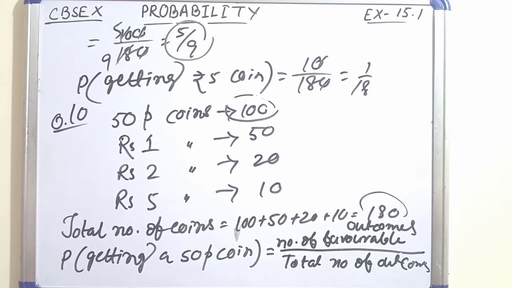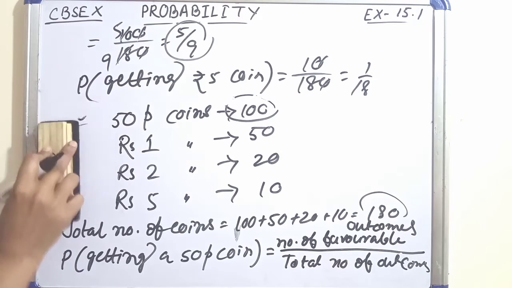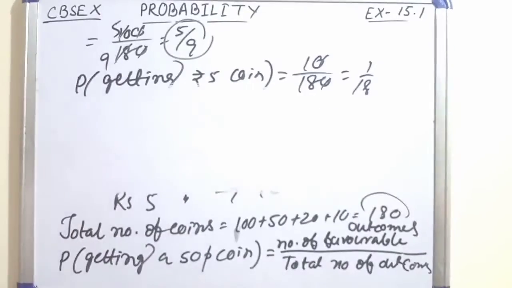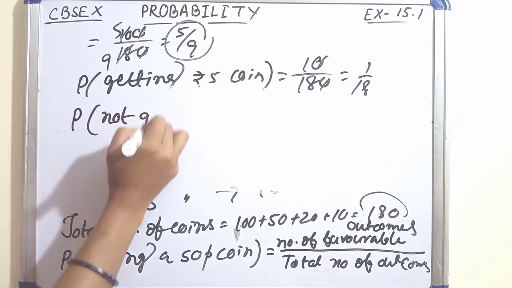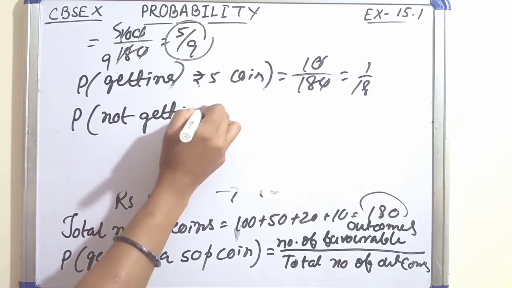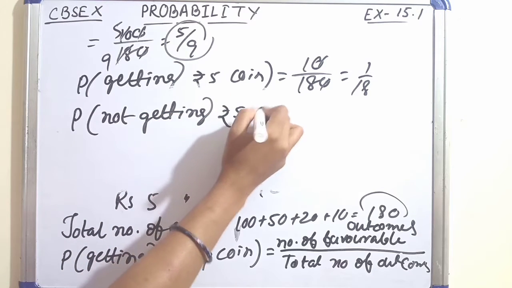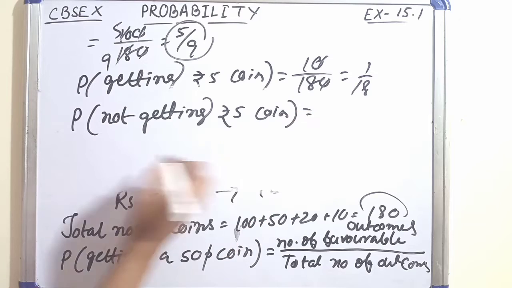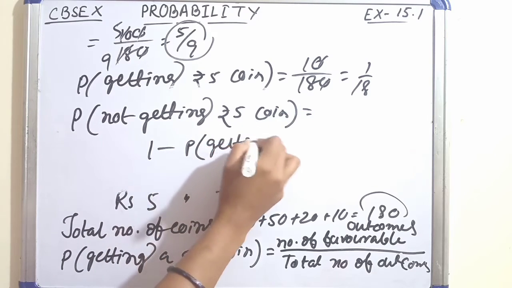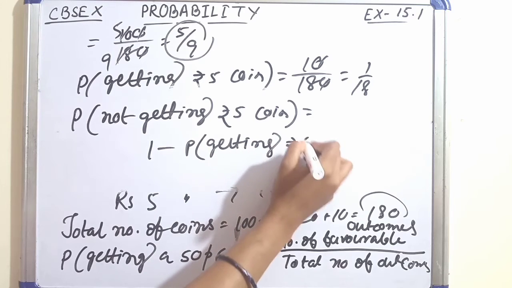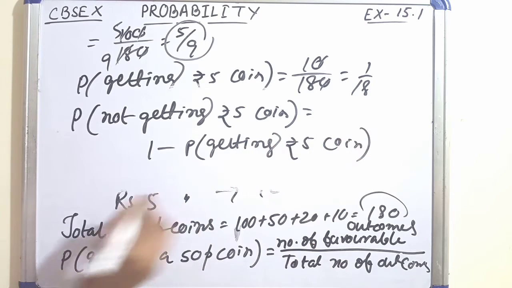But you have to find the probability of not getting a 5 rupee coin. So probability of not getting a 5 rupee coin is equal to 1 minus probability of getting a 5 rupee coin. Why?